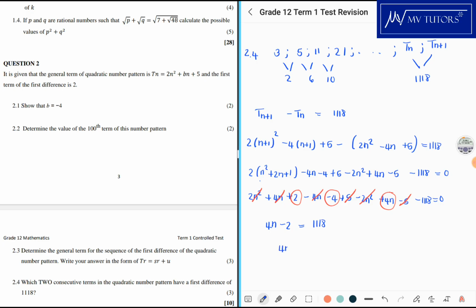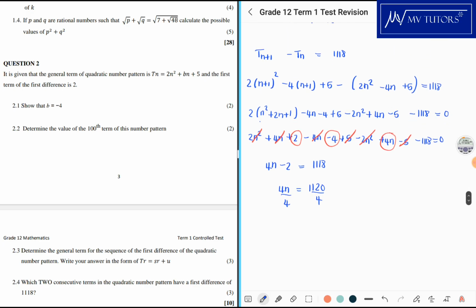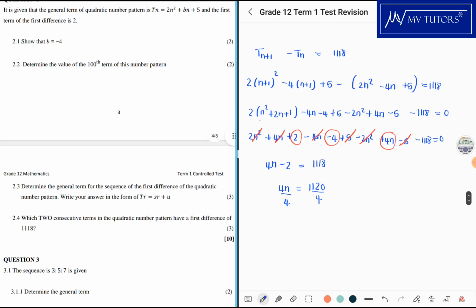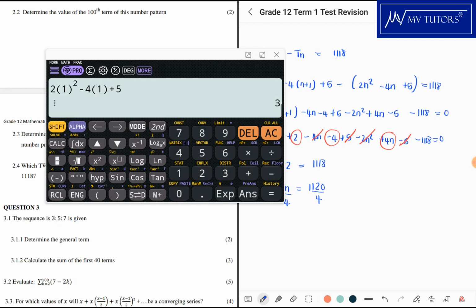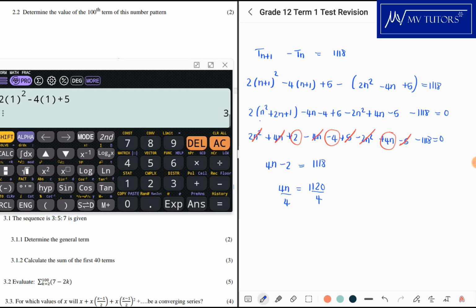So now for n, if I take 2 to the other side, I have 1120. So if I divide by 4, both sides, what am I going to get? So 1120 divided by 4, that's 280. So n is equal to 280.